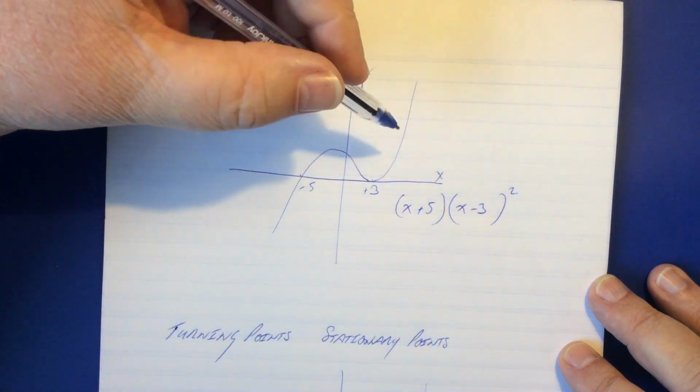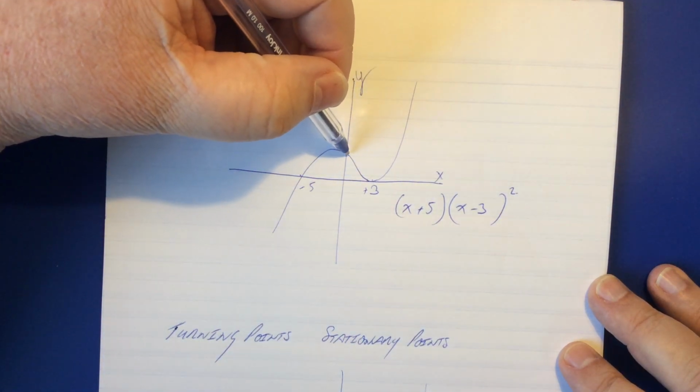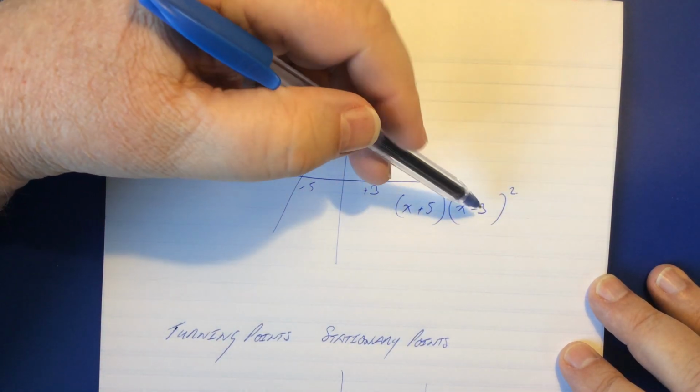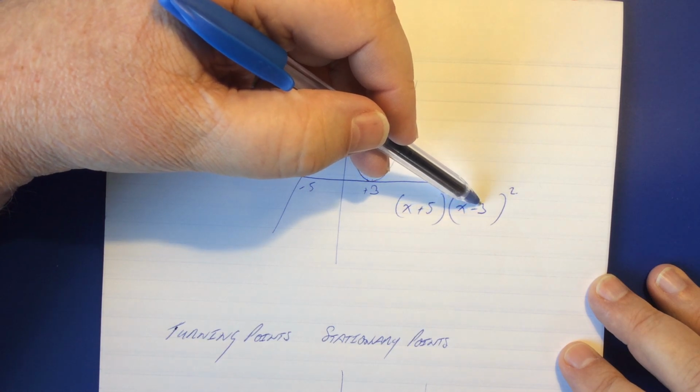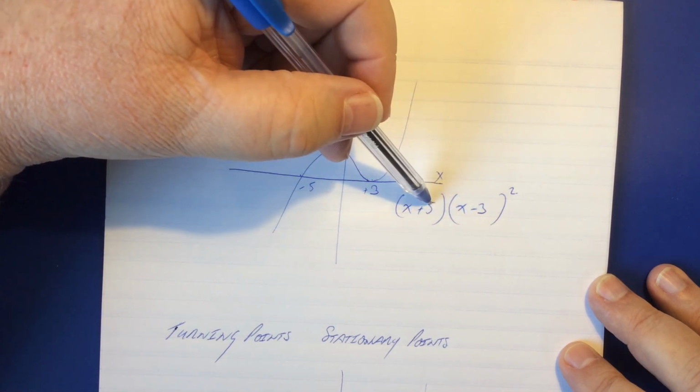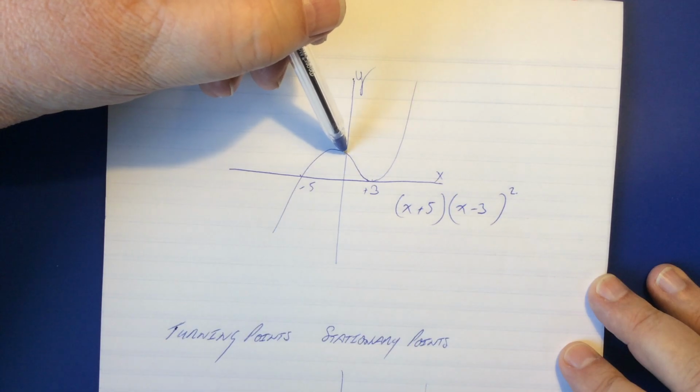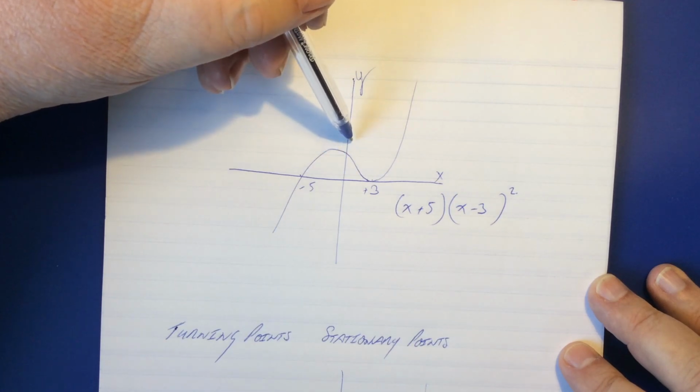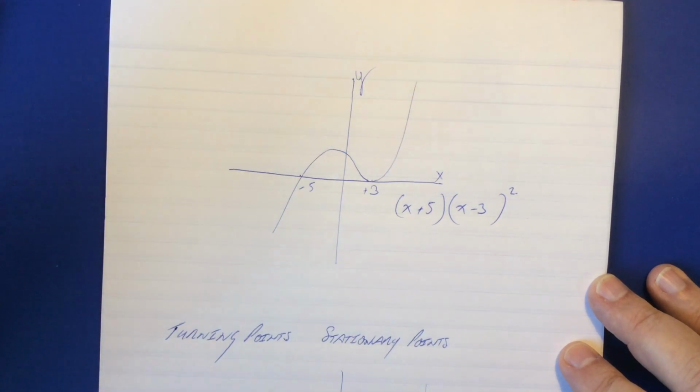And the y-intercept of this thing will be negative 3 squared, which is 9, times 5, which means that my drawing is vastly out of scale. This is 45. So apologies for that. It's vastly out of scale.